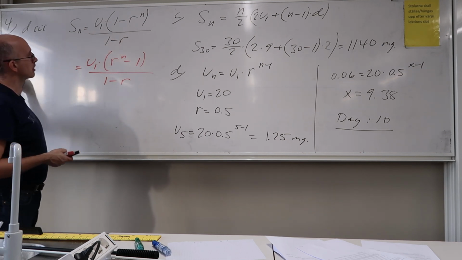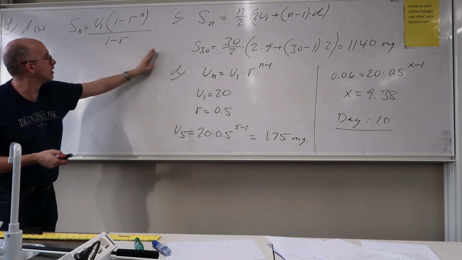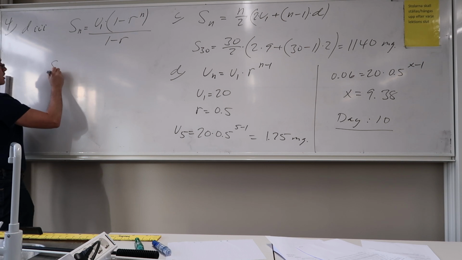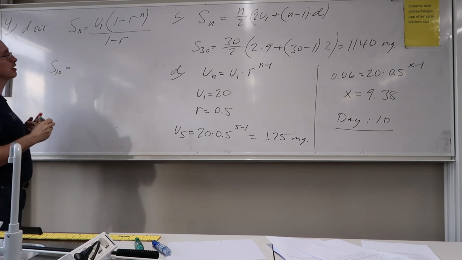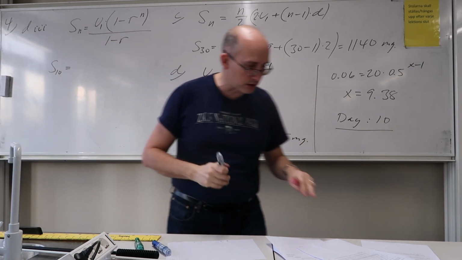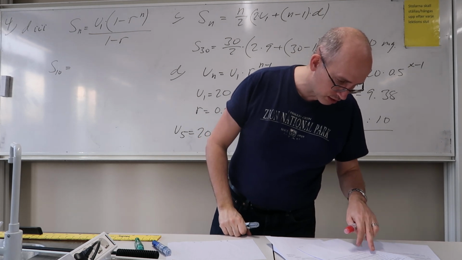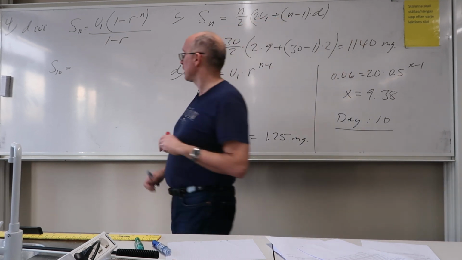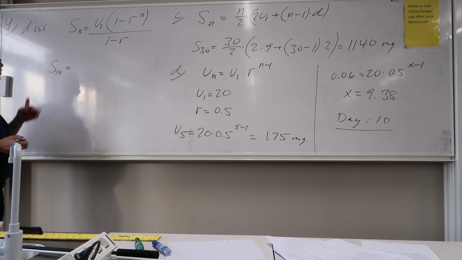Negative numbers is trickier. Okay. And we're going to have sum 10, because it's the 10th day, it's the last. Actually, let's be careful. First 10 days, so yeah, the first 10.